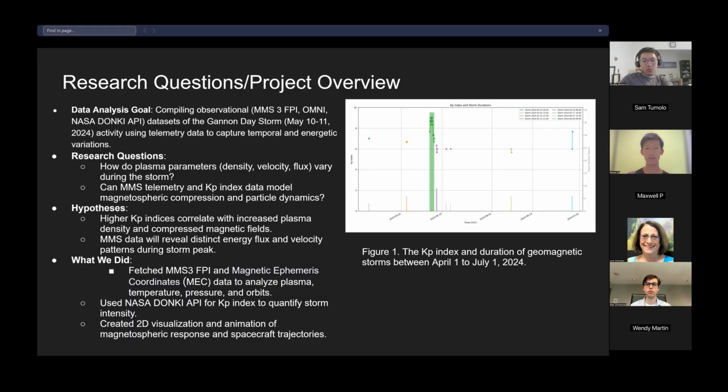After grabbing the data, I created a visualization of the magnetosphere response. The plot on the right shows a series of storms between April 1st and July 1st, 2024. The bars show the duration, and the scatter plots show the Kp index, which is the intensity of the storm.